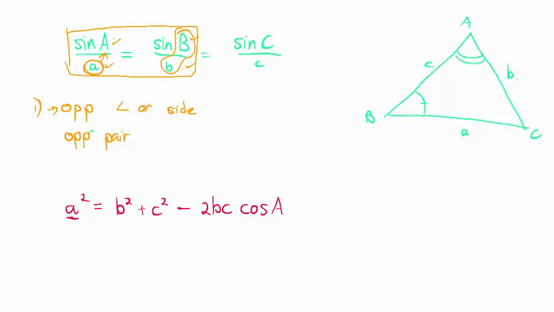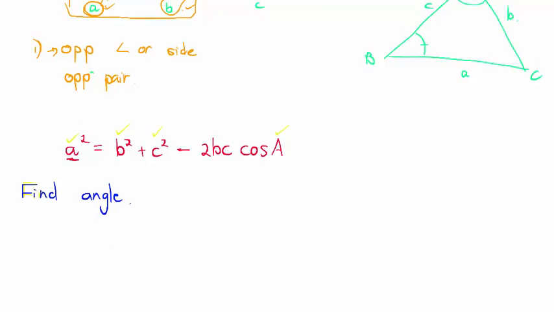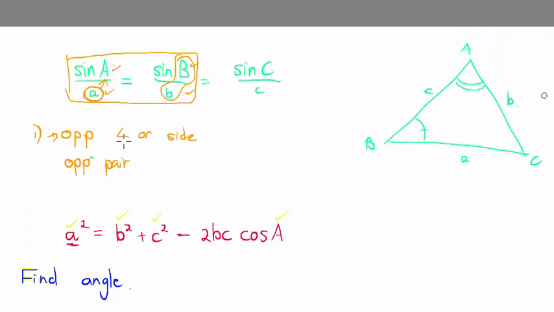So if I want to use this one, notice again we've got 4 parameters. We've got 3 side lengths and an angle. Let's say I want to find an angle. If I want to find an angle, I must have the opposite side length.